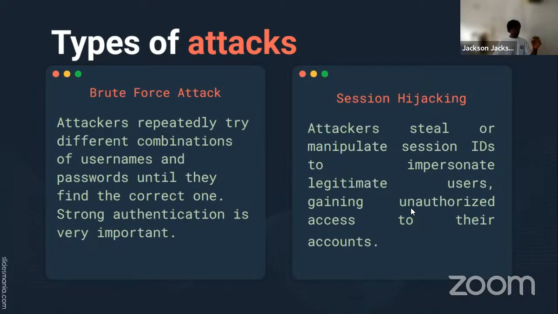I don't know if you remember, but there was a time iPhone passwords used to be about 4 digits. Even now they still allow it, but half the time they will advise you to use 6 instead, because it is much more complicated to guess. What brute force does is attackers repeatedly try different combinations of username and password until they find the correct one.